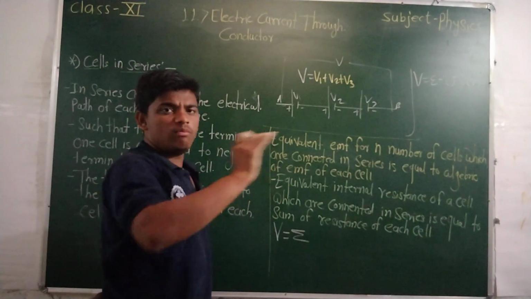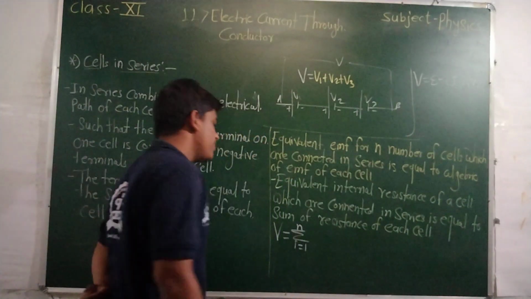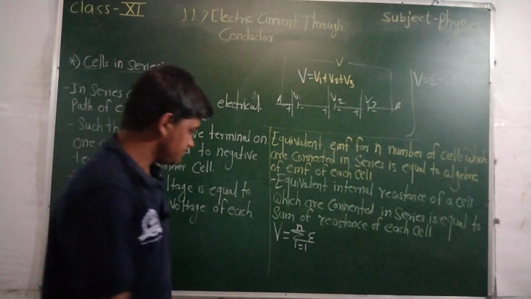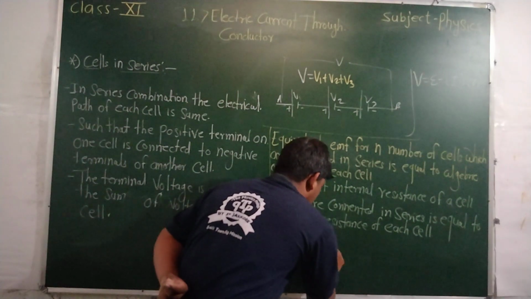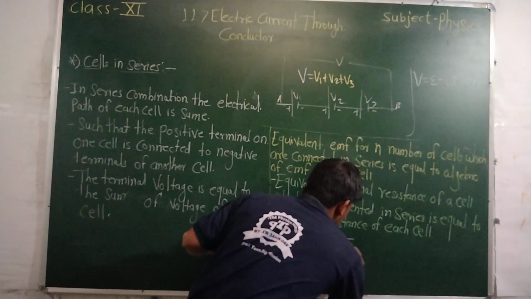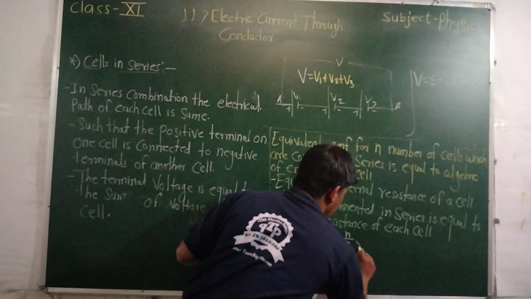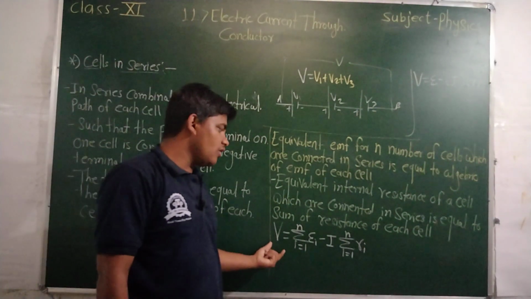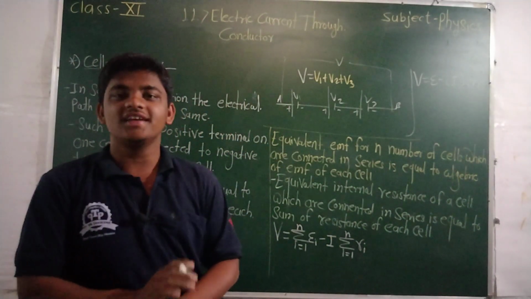We have connected n number of cells in a series combination, then the summation over i from 1 to n of the EMF of each cell, minus I, which is constant or same for each, times the summation of the internal resistance. This is the total voltage or terminal voltage when we connect n number of cells in series combination.